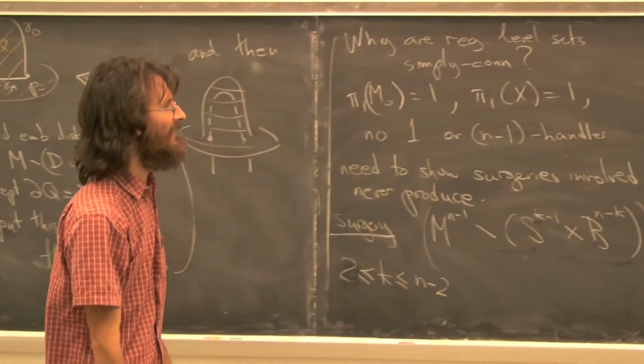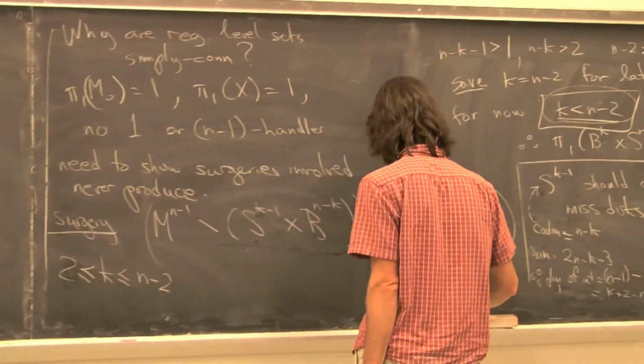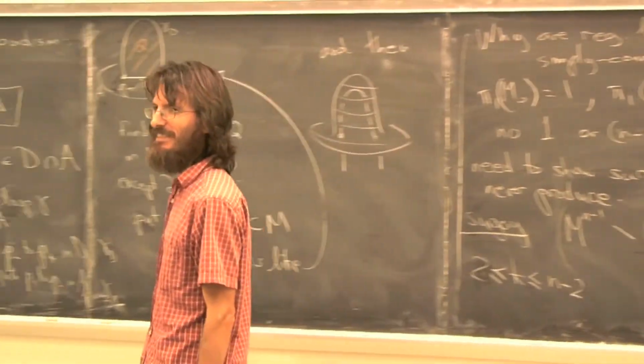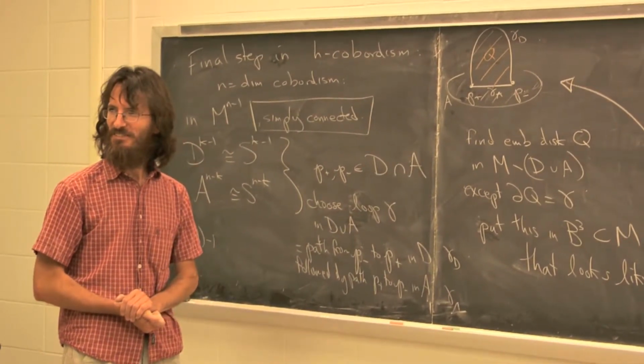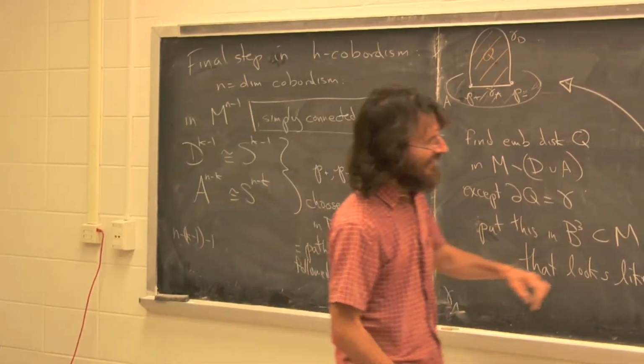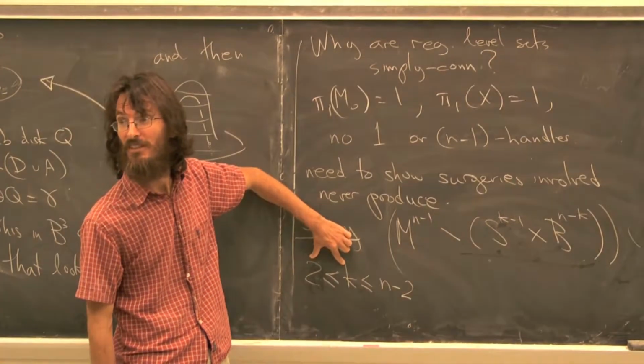Now, what about the case of k equals n minus 2? Well, we turn things upside down. Notice that k equals 2 doesn't cause any problems for us.